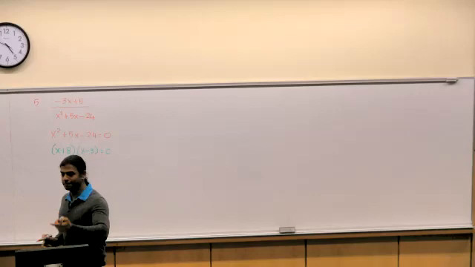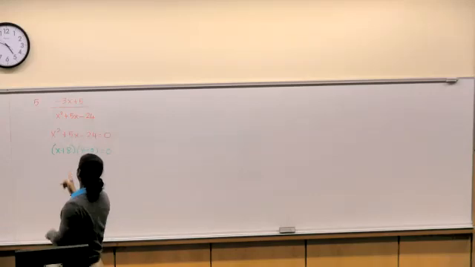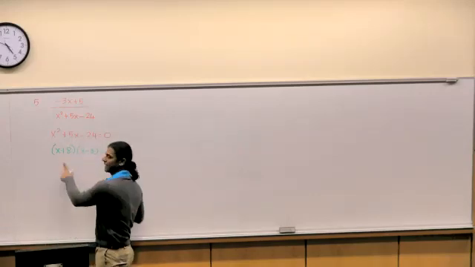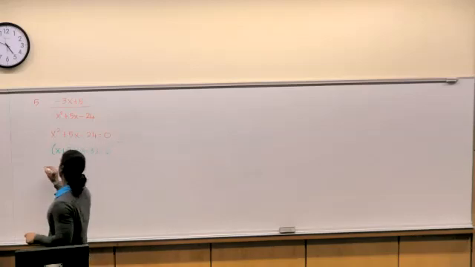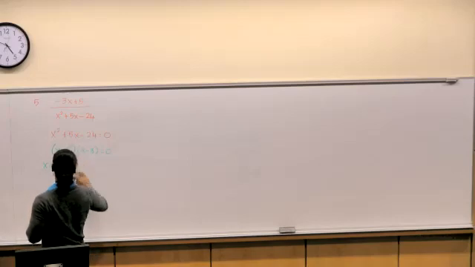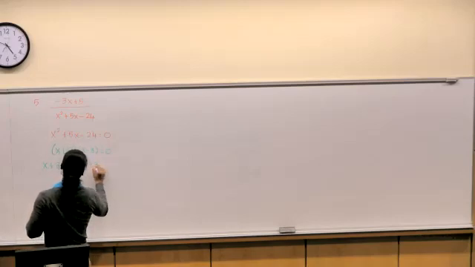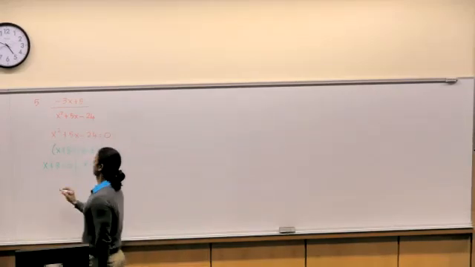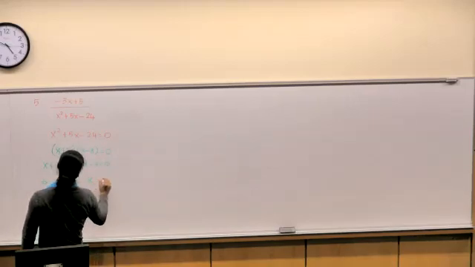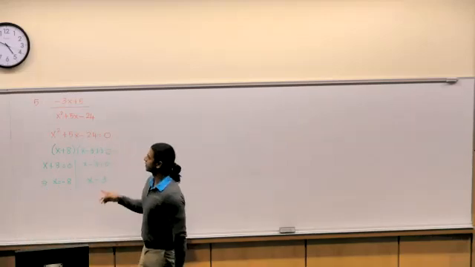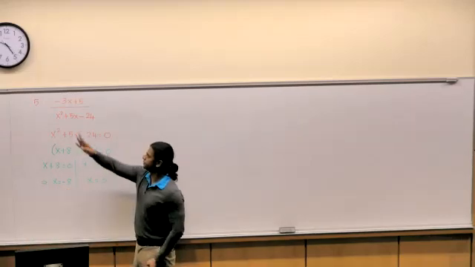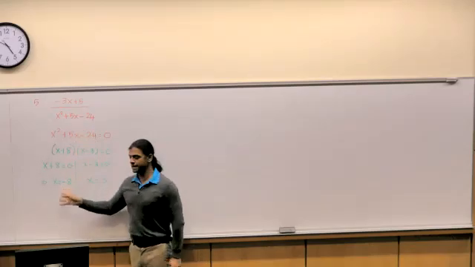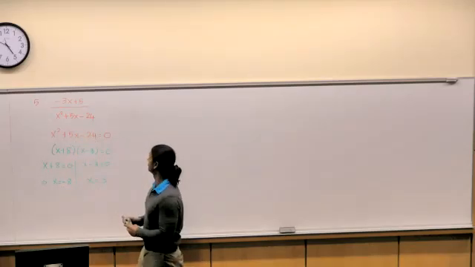The answer that you gave me are the roots, right? So the two factors are x plus 8 and x minus 3. We set those equal to 0 and solve for x. So x is negative 8 and x is positive 3. So the two numbers that would make the denominator 0 are negative 8 and positive 3.